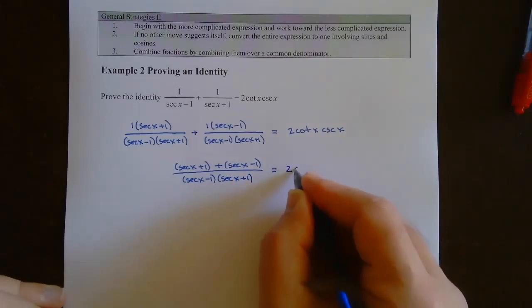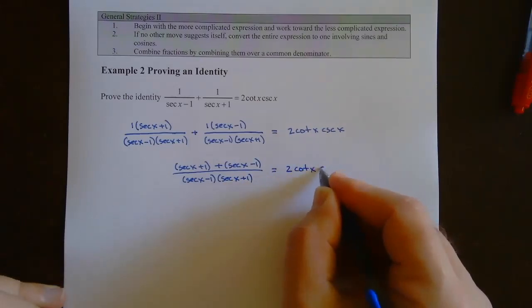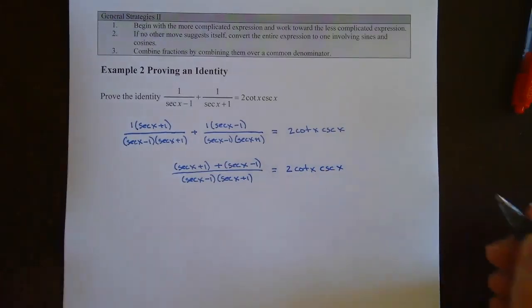And that's equal to 2 cotangent x cosecant x. We haven't even done a trig identity yet.